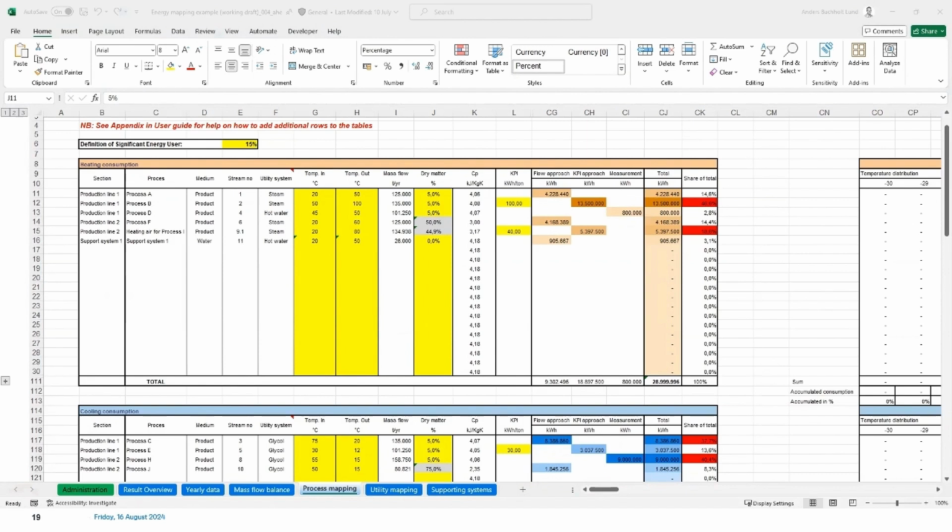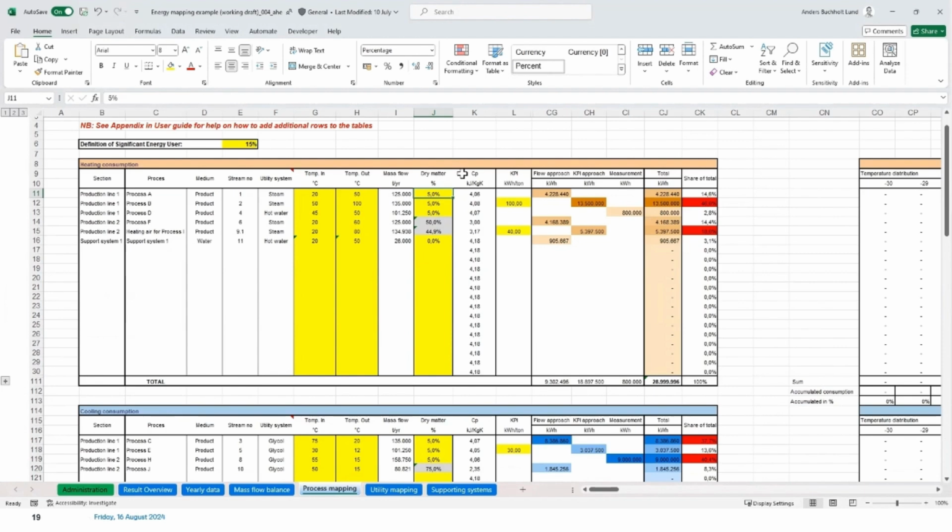In this case the specific heat is calculated based on the dry matter and the temperature assumed, but you could also just put in whatever value you have. If you have better knowledge, this is for something that is very water-like. But if you have another product with different heat capacities, then just enter the heat capacities in column K for that part.